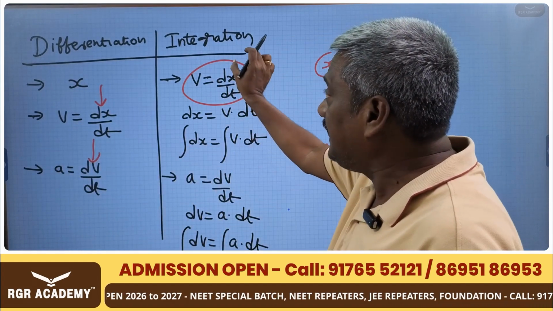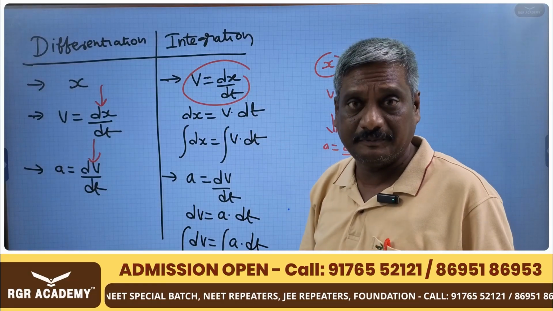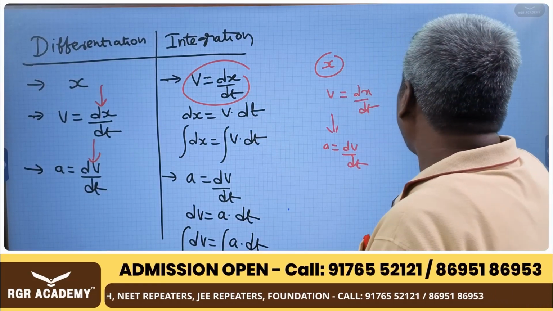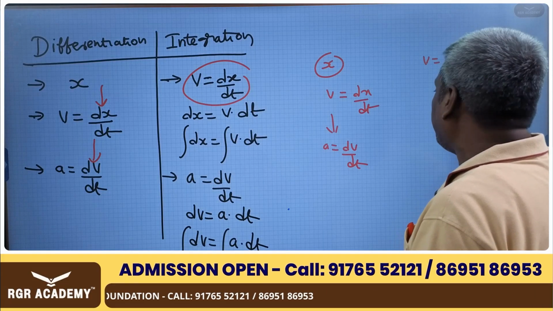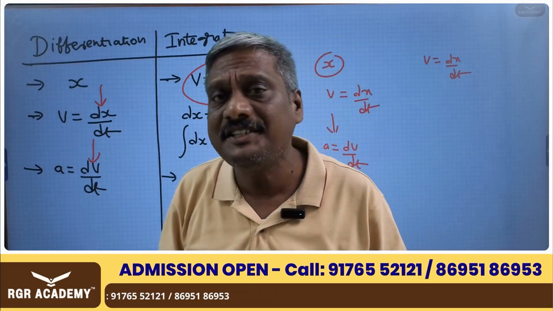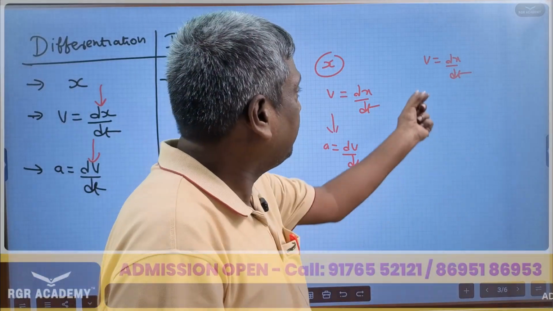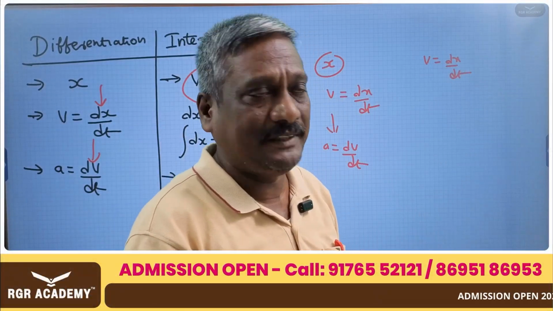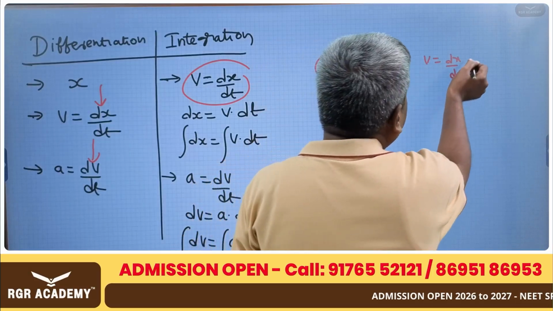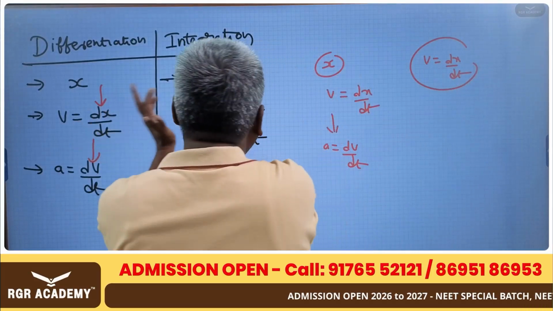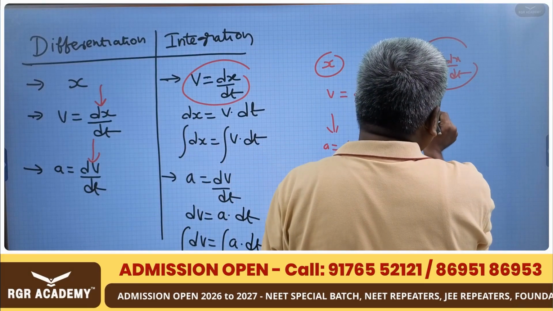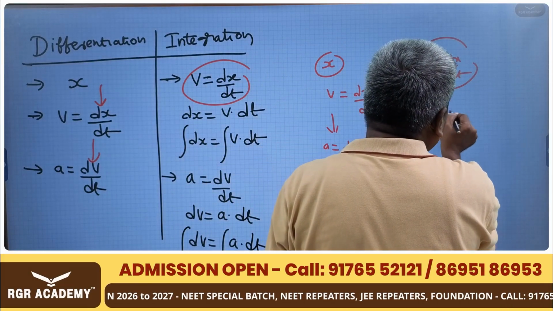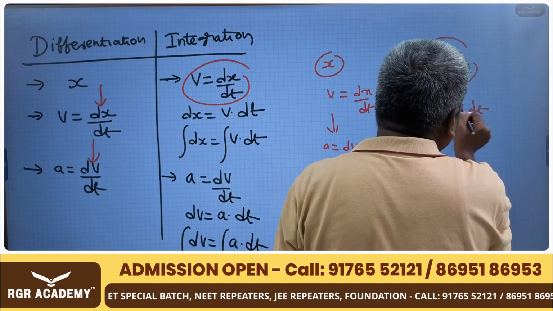Here integration is quite opposite. Suppose we know the velocity, v is equal to dx by dt. If you know the velocity, from that you get the distance traveled by applying the integral concept, which is quite reverse of this. If v is equal to dx by dt, from this you get dx is equal to what? v into dt.